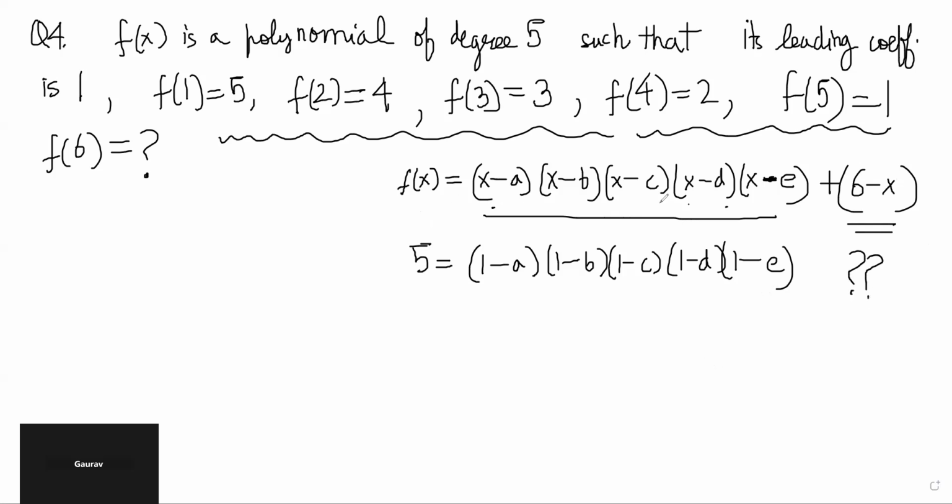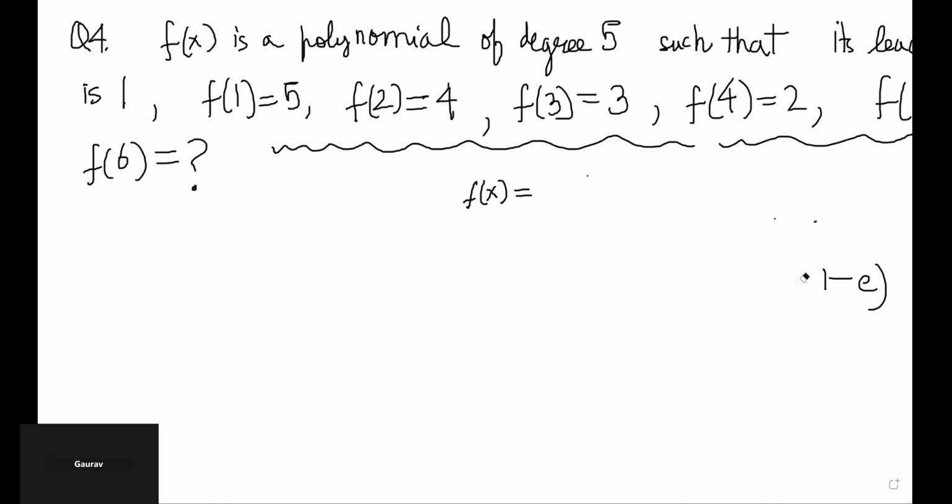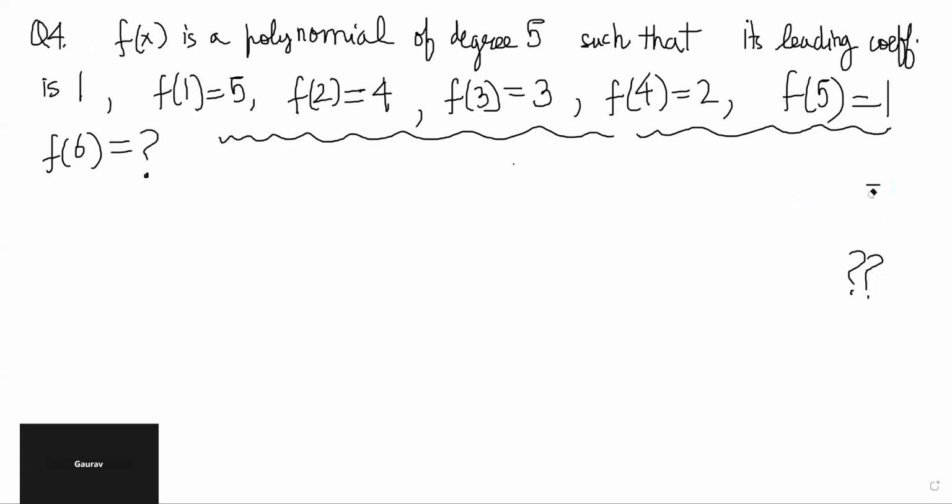Earlier you told me that a, b, c, d are the roots of the polynomial. No, sorry, sir, I don't want to say that they are the roots. But then how can you write it like that? See, you are on the right track, but I don't know where you got the answer from. Maybe you have seen a question like this before, but you are not able to explain it.